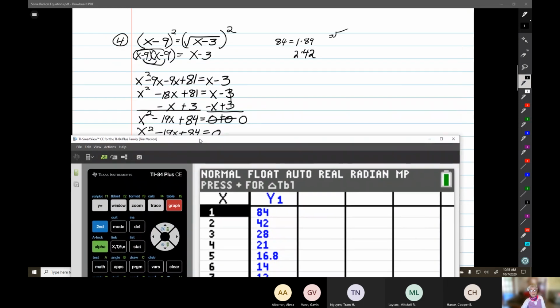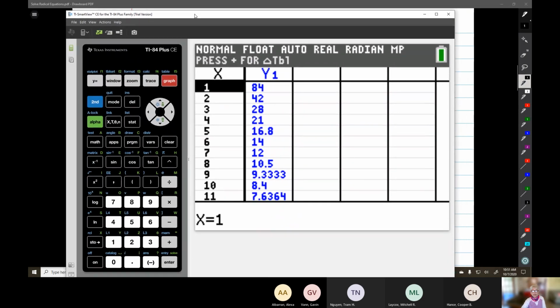And both of the factors, because 84 is positive, will be either both positive or both negative. So the only way I'm going to get two numbers that add up to -19 is to go up to the negative factors.